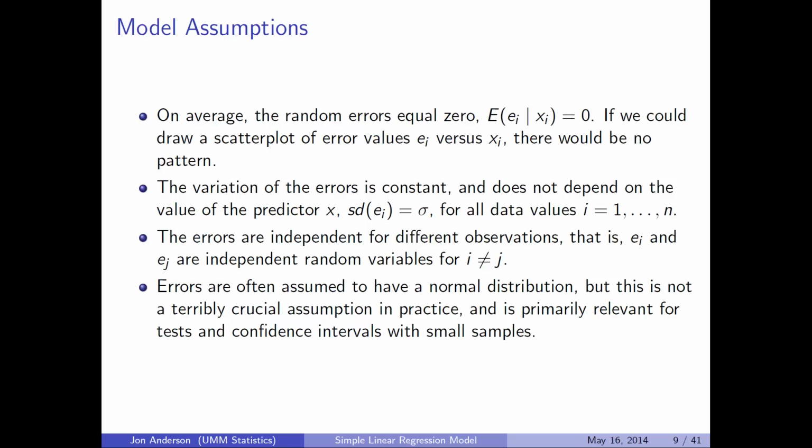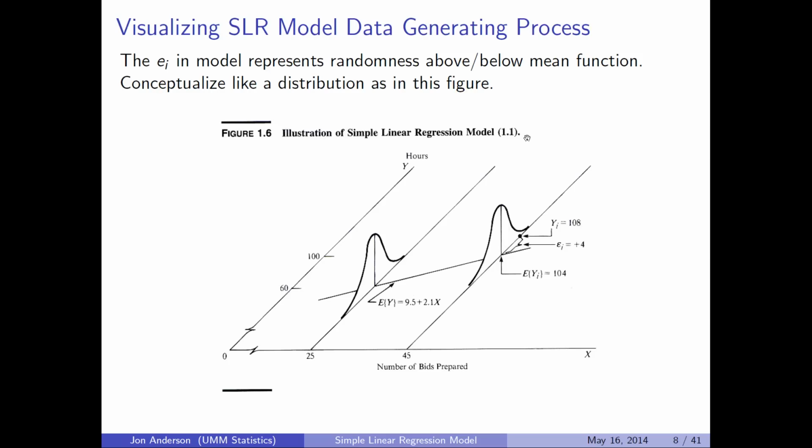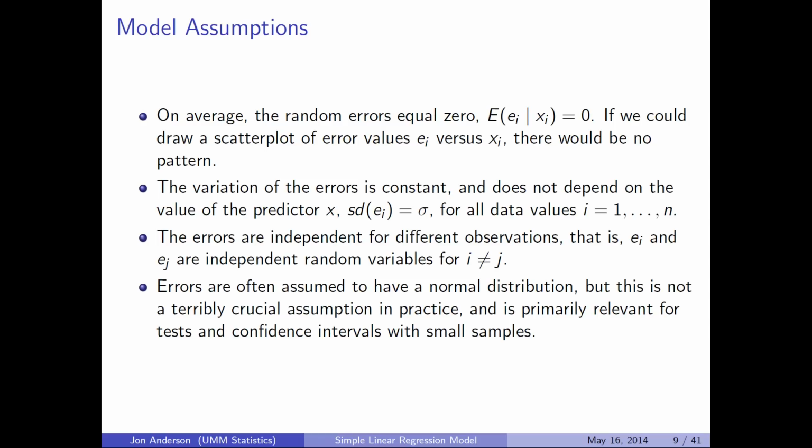And that's represented by the idea that on average data values might be randomly drawn above the mean function or below the mean function, but on average these innovations are 0. Sometimes we get data values that are above the mean function, sometimes we get them below, but on average these random things have a mean of 0.